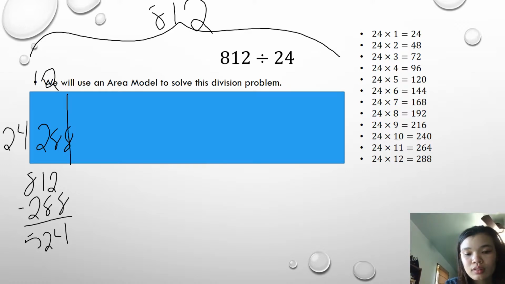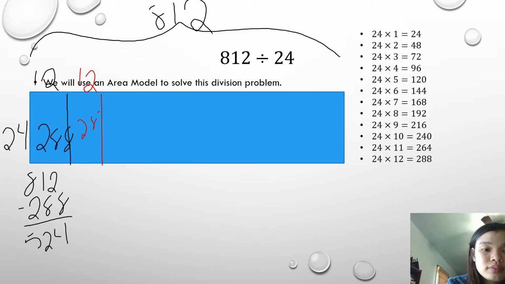Okay. Now we're going to do that again. We'll just use 288 again, so just label it as 12. This time it's going to be 288 again, but this time you're going to subtract from 524.